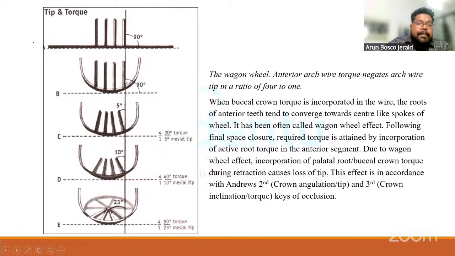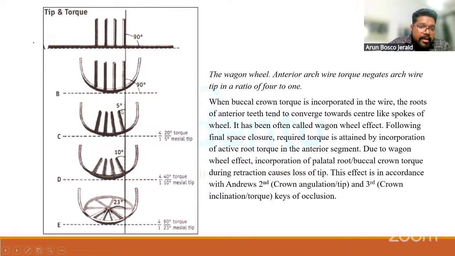Suppose we are adding torque to these rods. That means we are giving a lingually directed movement to this rod. That means the tip of this rod is moved lingually. When we move all these four rods lingually, you can see in image C, there is approximation of these rods in a mesiodistal dimension.